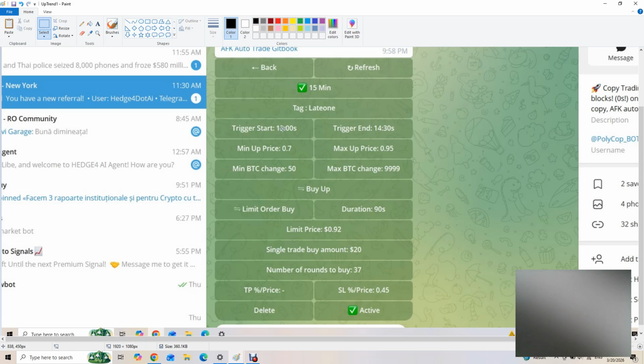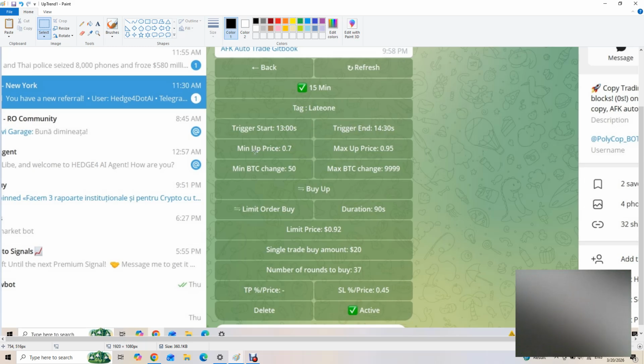It's 13:00. That's the trigger start and that's the trigger end. So this will scan the movement of Bitcoin from the 13th minute on the 15-minute contract. It will start from the 13th till the 14th and 36th, so it works for just about 90 seconds.